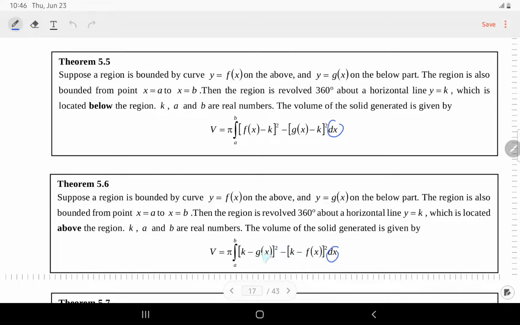Okay, itu perbezaan dia function yang dalam ni. Pi dia sama. Okay, integrate from a to b pun sama. So yang berbeza yang ni dalam ni. So you all kena ingat untuk first formula, f minus k square minus g minus k square. Yang ini k minus g square minus k minus f square.